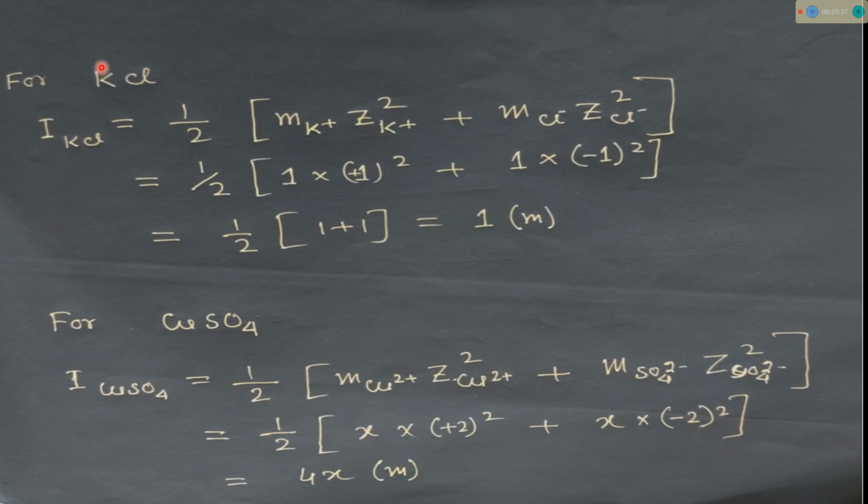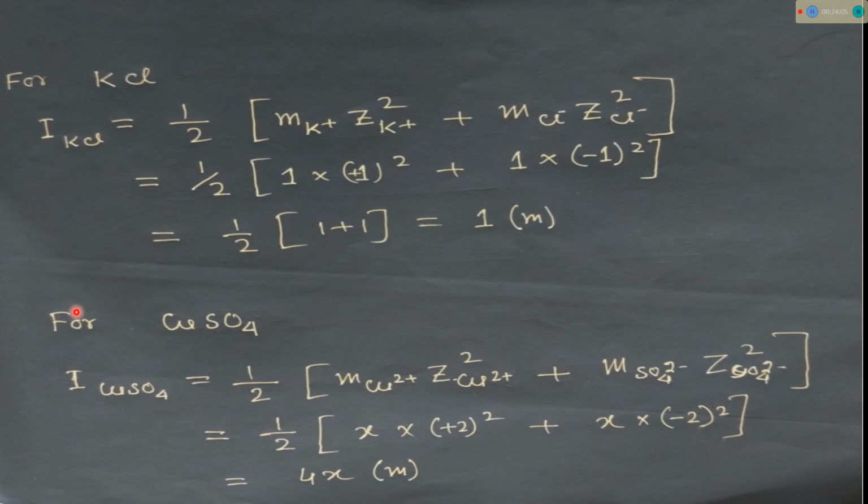The concentration of KCl is 1 molar, so we put 1 here. Charge is plus 1 square, molality 1, charge is minus 1 square. So half into 2 means 1. So the ionic strength of a 1 molar solution of KCl is 1.